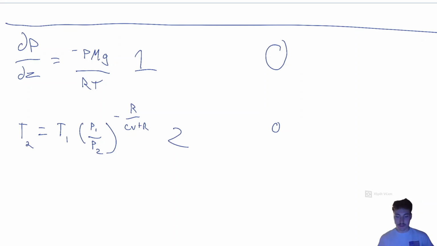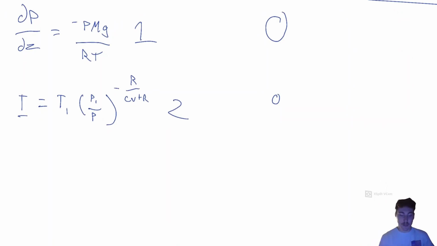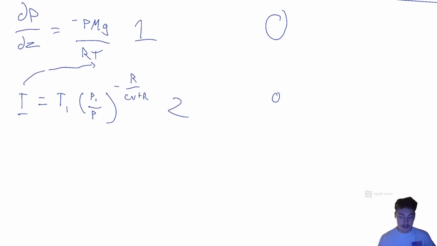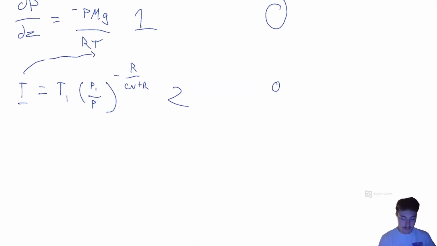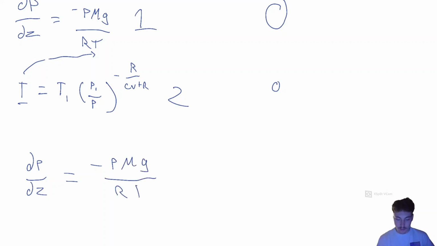But what we can do actually is get the eraser again and get rid of these two right here. So we can say that this is our initial temperature, and then this is the temperature that we're quote unquote solving for. This also makes it easier because now we can just put the general temperature in there, and we can say that dP over dz is equal to negative P molar mass gravity over RT.